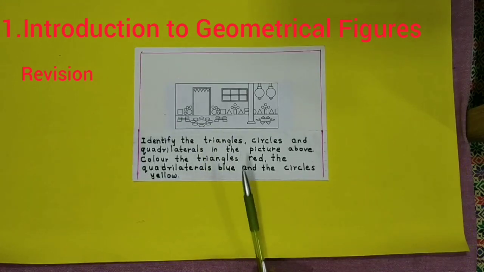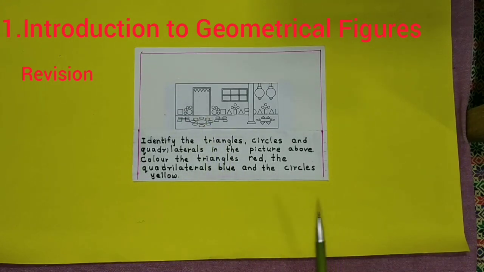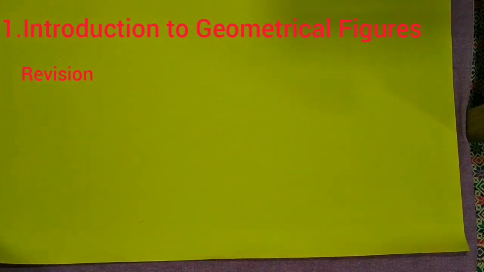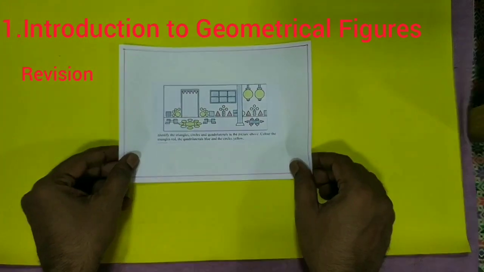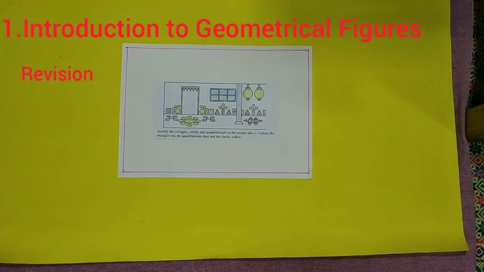So first you see the shapes, geometrical figures, and then you have to color triangles with red color, quadrilaterals with blue color, and the circles with yellow color. When you do the coloring, it will look like this.